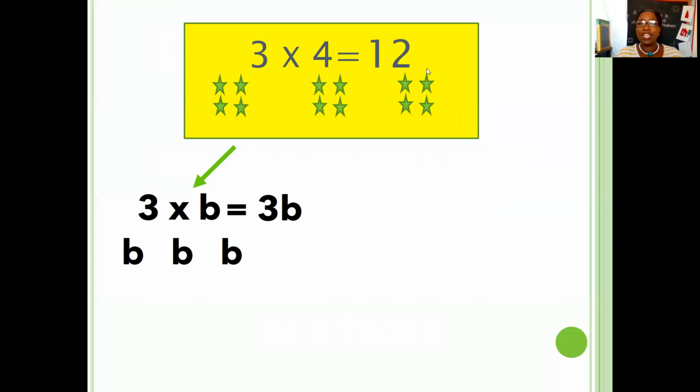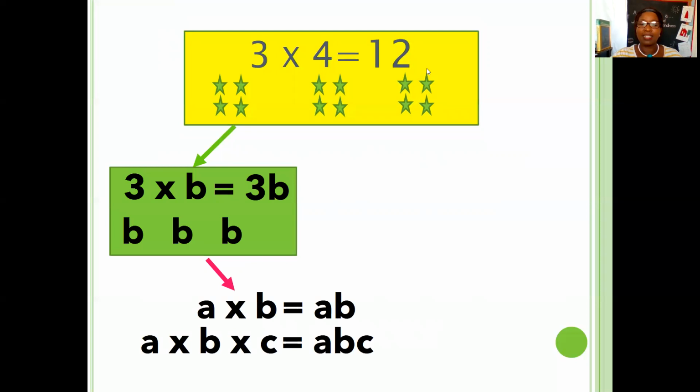Yes, it really is this easy. 3 times B is 3B. All right, now let's look at this. If 3 times B is 3B, then A times B is AB.